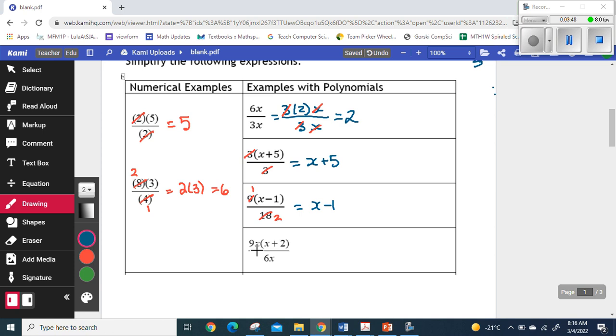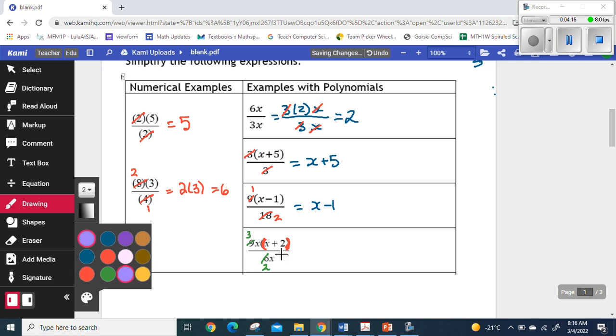How about here? Here I've got a 9x over a 6x and a bracket x plus 2. Now one thing that we really got to emphasize here is that this bracket here travels together. You cannot split it up. So that means when I go to cancel, I can cancel this 6. So 3 goes into that twice. 3 goes into the 9 3 times.